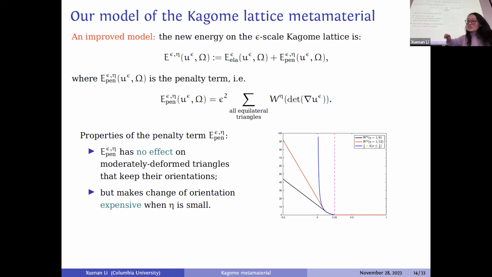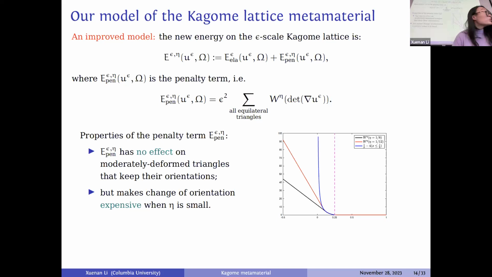That's why I have a term here. I want to have some function W eta evaluated on each equilateral triangle. Once the triangle is flipped, so its determinant changes sign, I would like a large penalty. That penalty is going to be something of order 1 over eta. If eta is small, it's going to be a huge energy.